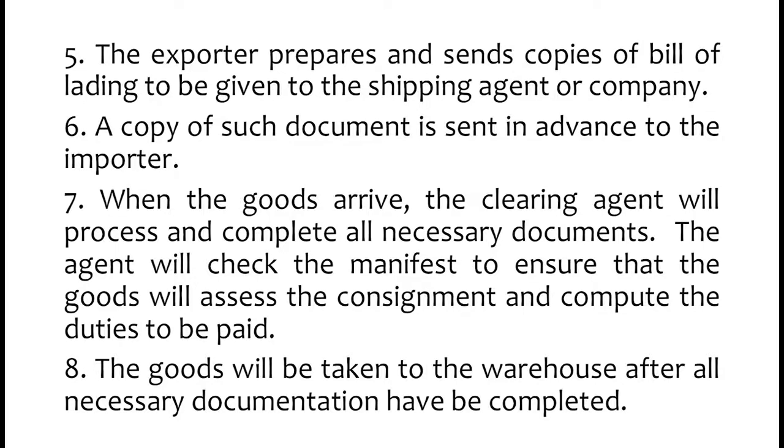Number 7, when the goods arrive, the clearing agent will process and complete all necessary documents. This agent will check the manifest to ensure that the goods will be assessed by the officer in charge of that particular thing. Then the last one is the goods will be taken to the warehouse after the necessary documentation has been completed.